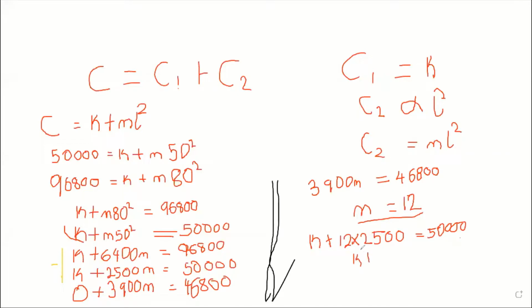K plus 12 times 2,500 is 30,000, is equal to 50,000.